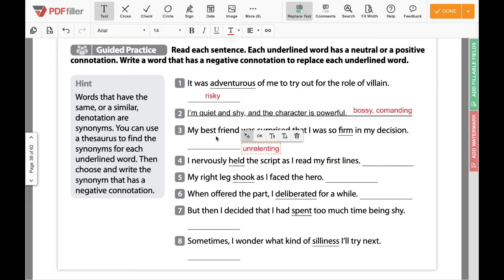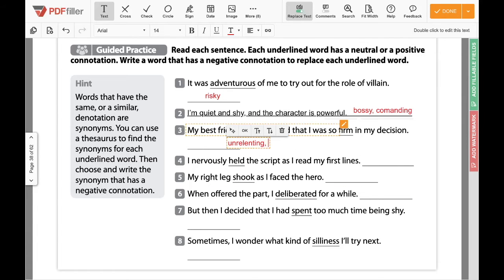Usually when you say anything with un or dis or anything like that, it's going to come off in a negative way because it seems like, oh no, that's not good, I'm not doing that, that sort of thing. So unrelenting would mean that they're not listening to the other person, they're not taking other people's opinions into play.